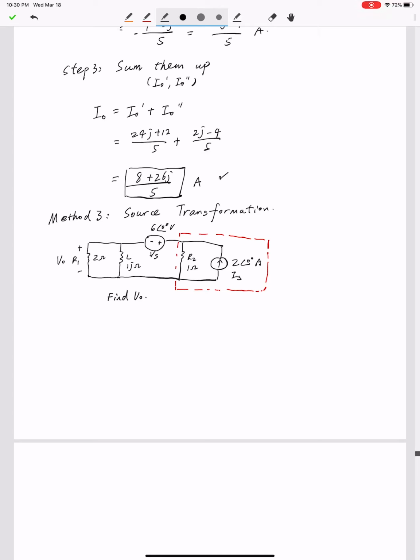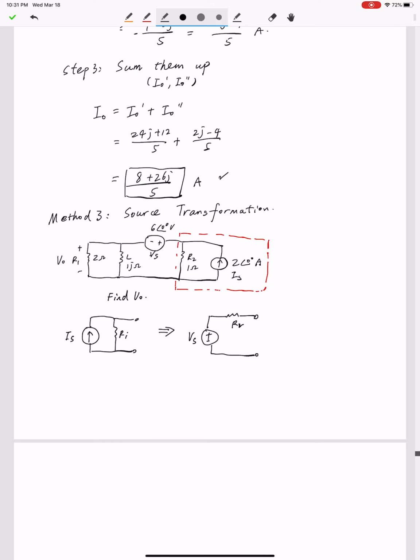If you have a current source and a resistor connected in parallel, then you can convert this configuration into a voltage source Vs and a resistor in series.